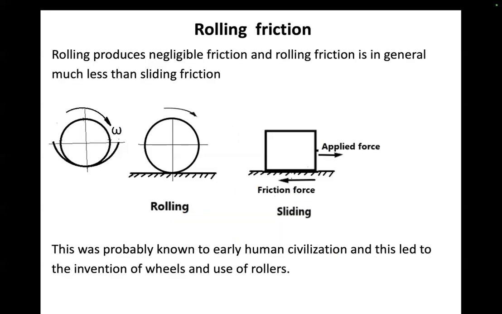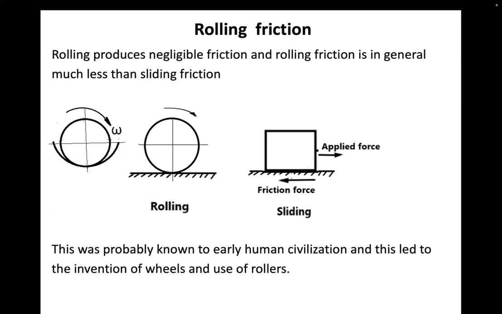So, if you consider a spherical or cylindrical body rolling over a flat or curved surface, ideally there will be negligible or no friction. Whereas if you take sliding, then there will be some frictional force depending on the combination of the material and the force and other parameters involved in it.